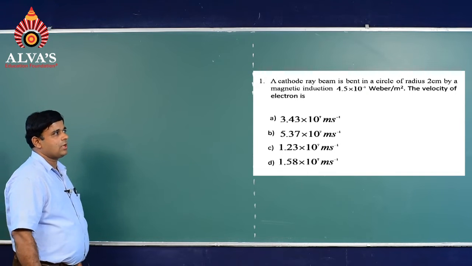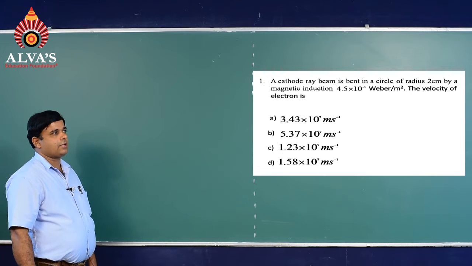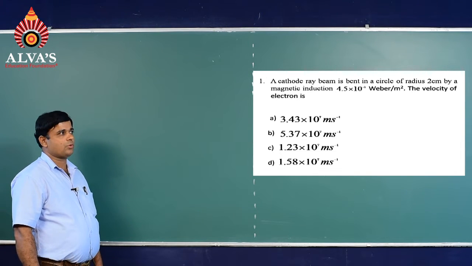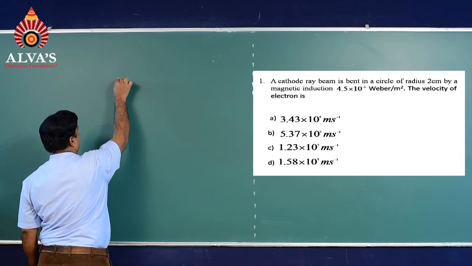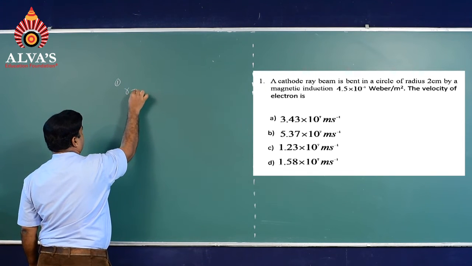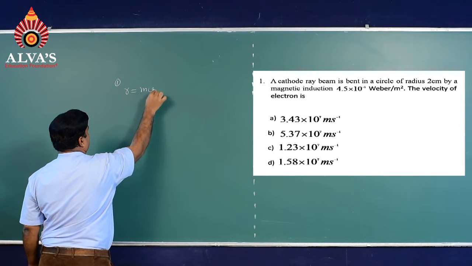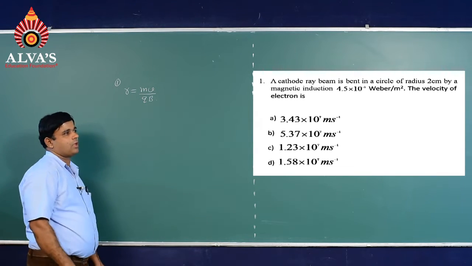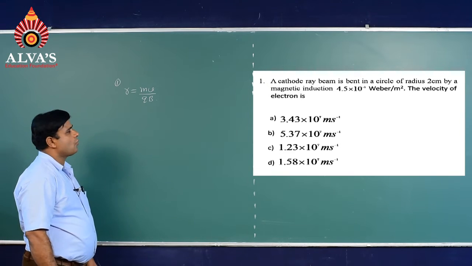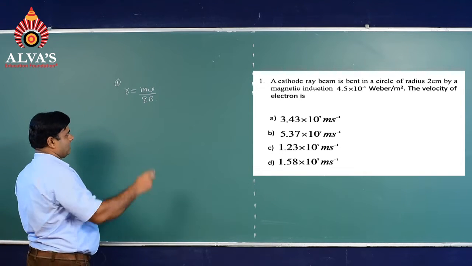In this question, cathode ray beam is entering the field normally. So, it moves in a circular path of radius r, which is given by the formula r equal to m into v divided by q into b. You have to calculate velocity of the electron.